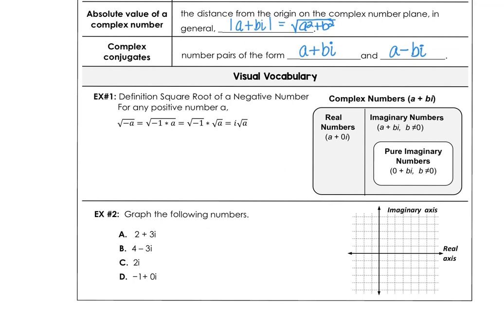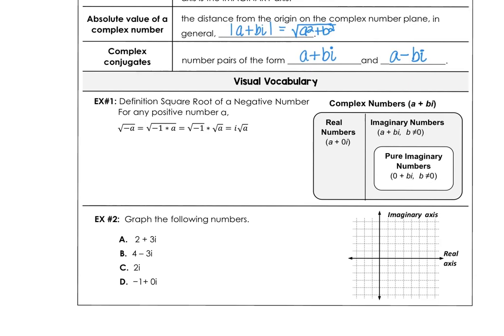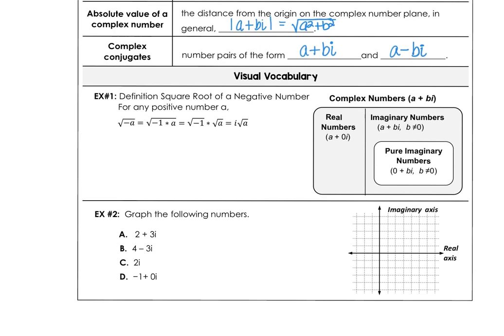In example 1, we see the definition of the square root of a negative number. This is the imaginary part, the -1. So by definition, the square root of -1 is i, and we take care of that first.